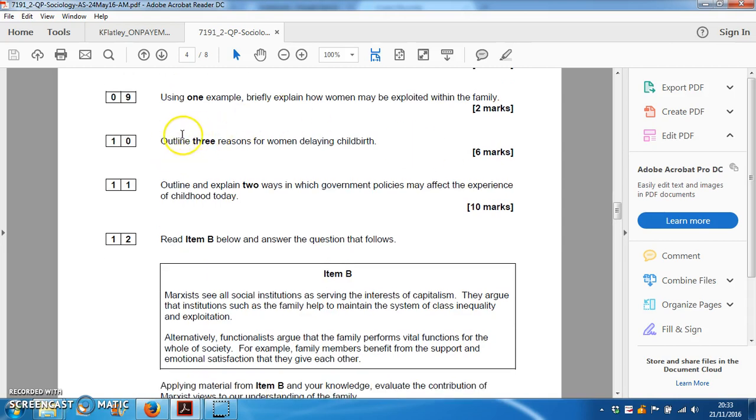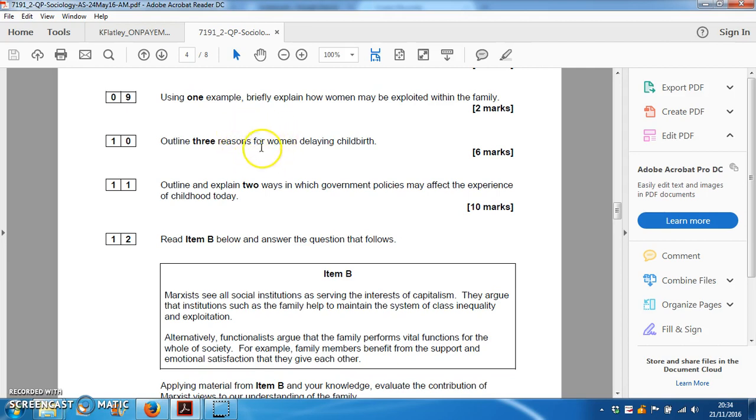Question 10 is always an outline 3 reasons. That means that you've got to give 3 points and explain the reason why to get the full 2 marks for each point. I would recommend that you start each reason on a new line to clearly show that you are outlining 3 reasons.